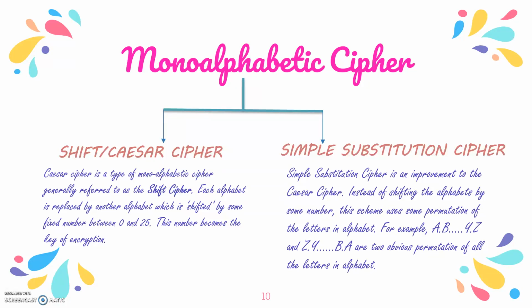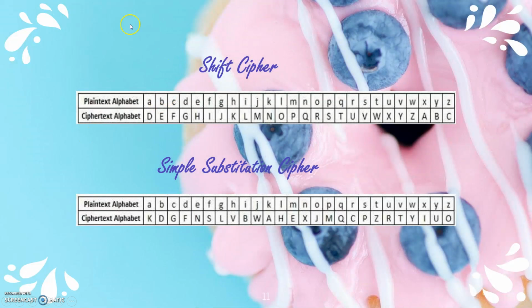Here, the shift cipher is a type of monoalphabetic cipher generally referred to as Caesar cipher. Each alphabet is replaced by another alphabet which is shifted by some fixed number between 0 and 25. This number becomes the key of encryption. As you can see, this is an example of ciphertext and it is shifted by 3.